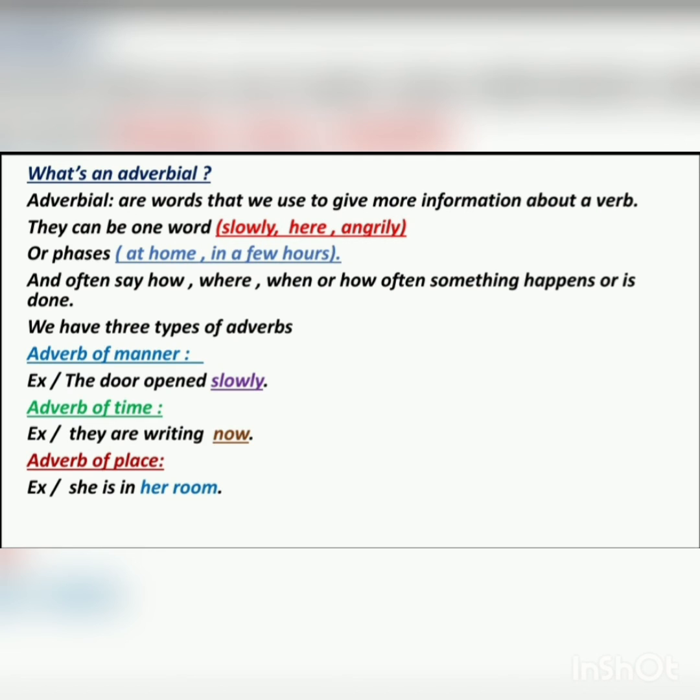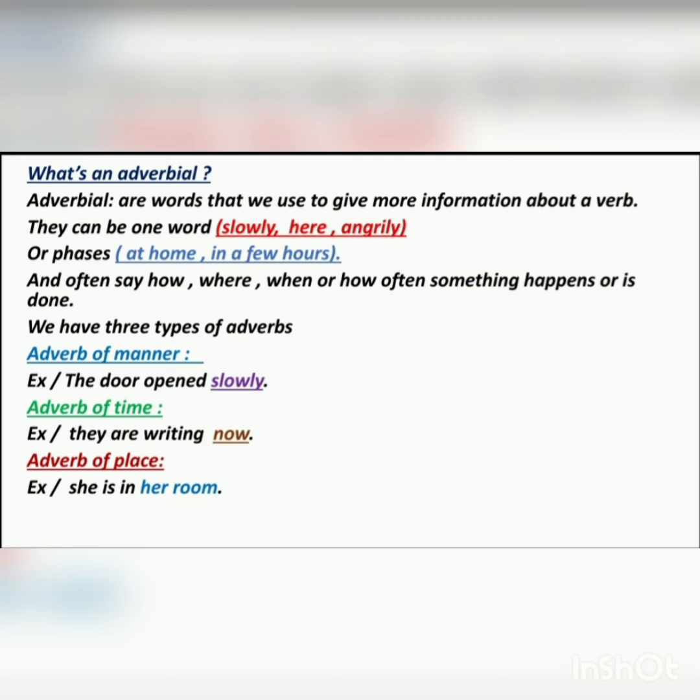They can be one word like angrily here, or phrases like at home, in a few hours, and often say how, where, when, or how often something happened or is done. And we have three types of adverbs: adverb of manner, adverb of place, and adverb of time.